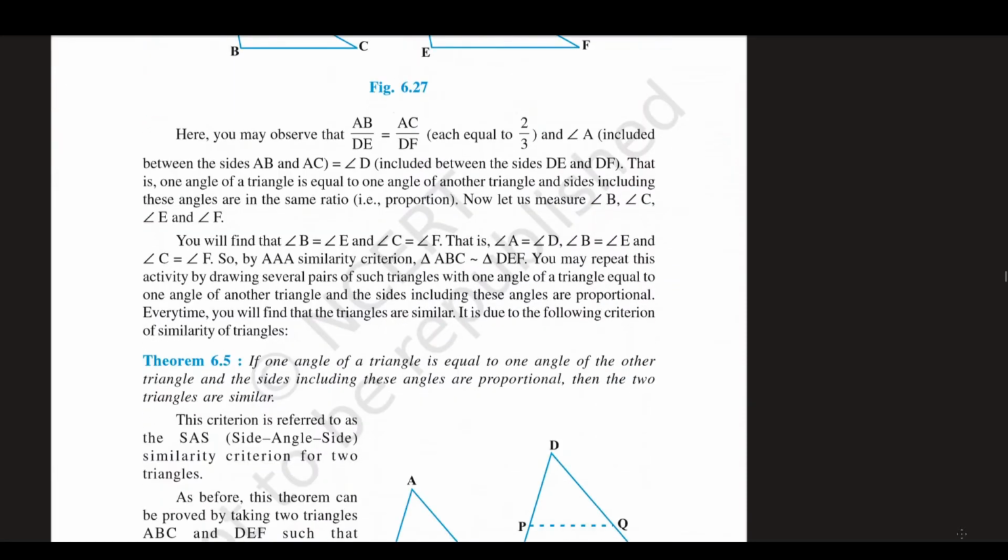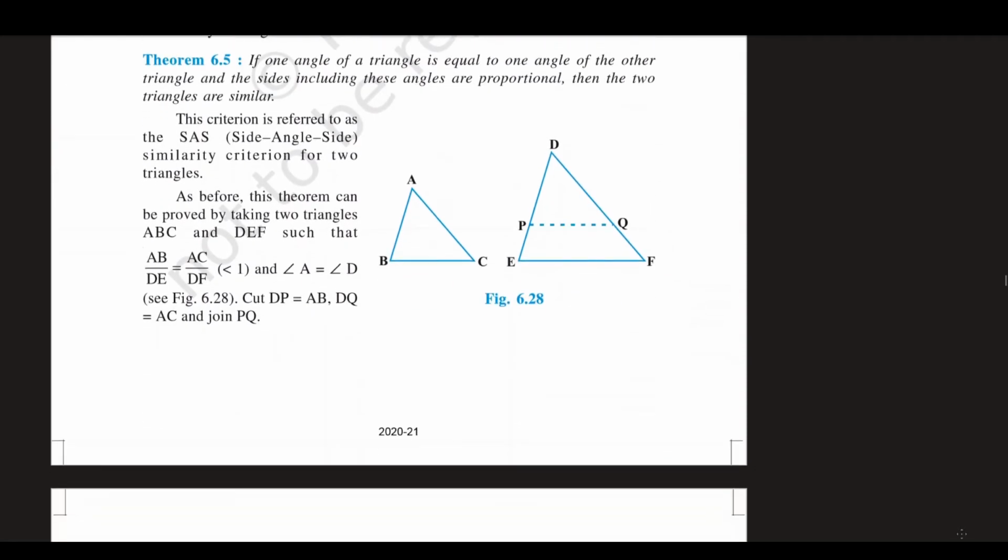So we move on to our third theorem, the SAS criterion, side angle side. In this, one angle is given, suppose angle A is equal to angle D, and this ratio condition is given: AB upon DE is equal to AC upon DF, and we have to prove that these two triangles are similar. Similarly, we can cut out DP equal to AB and DQ equal to AC, and then we can join PQ.